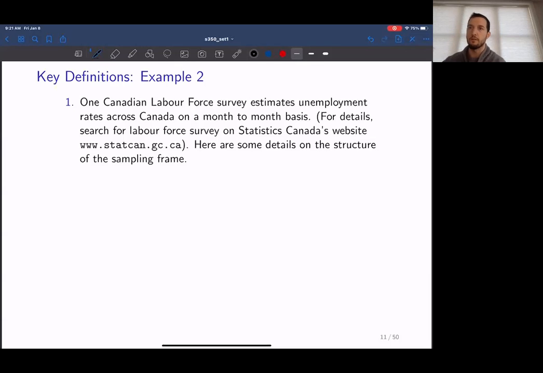So there's this continual survey that gives us unemployment rates across the country, which would be a statistic or a parameter if it's based off census information that we would be very interested in, or that the political parties that are running the country would be interested in, you'd think. So for details, you can search for the labor force survey on Stats Canada's website, statcan.gc.ca.